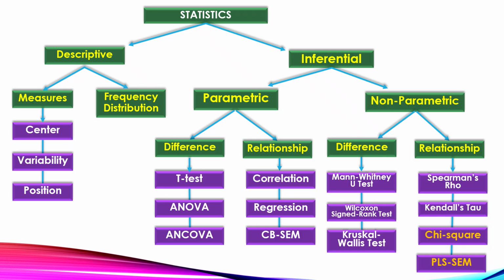But for PLS-SEM, it only needs around 80 or closer to 100. You don't need to have a very large sample size, and you don't need to have a normality test for the PLS-SEM. It will still give you accurate results, but as I said, I would still suggest to use covariance-based as long as you have met the assumptions.